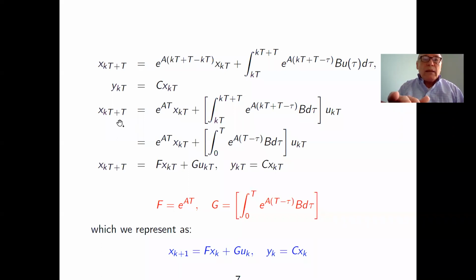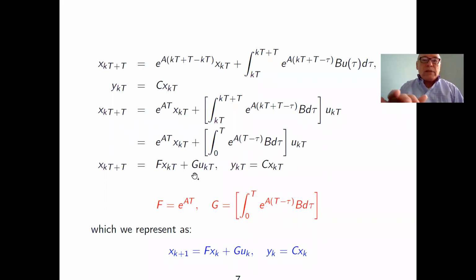So we obtain a next state map, which takes the current state and the piecewise control inputs to conform the sum of these two terms: the influence of the actual state on the next state, and the influence of my actions on the next state.